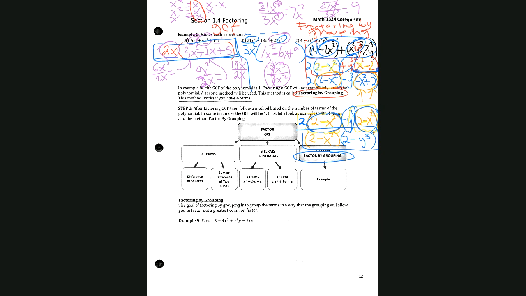Now, example 9 is going to be also about factoring by grouping. And for this example, we could start by grouping 8 minus 4x squared. And then we will have a plus, because remember, we're not saying they're multiplying. They're still adding.